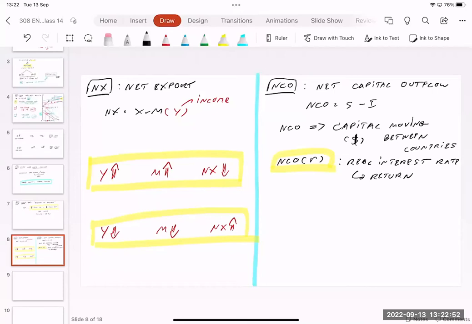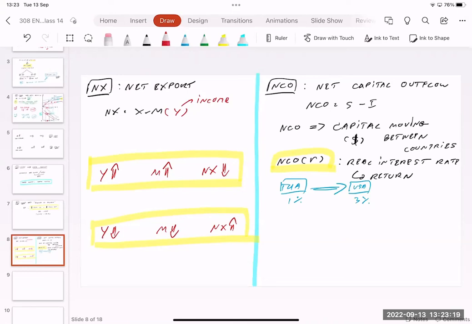For example, if in Thailand the real interest rate is 1%, and in another country, let's say the USA, the real interest rate is 3%, the money is going to move out from Thailand to the other country. The capital normally moves from the lower real interest rate to the higher real interest rate. This is what you should know.